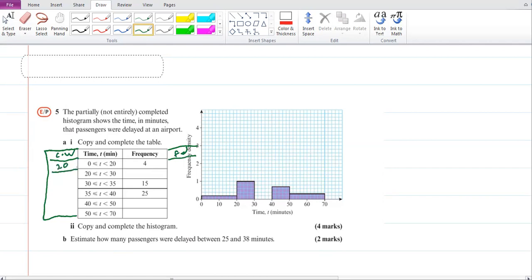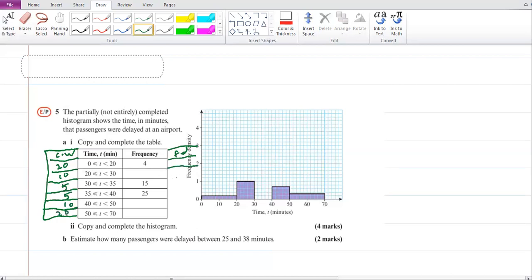From 20 to 30, the class width will obviously be 10. From 30 to 35, the class width is 5. From 35 to 40, the class width is 5. From 40 to 50, the class width is 10. And from 50 to 70, the class width is 20.